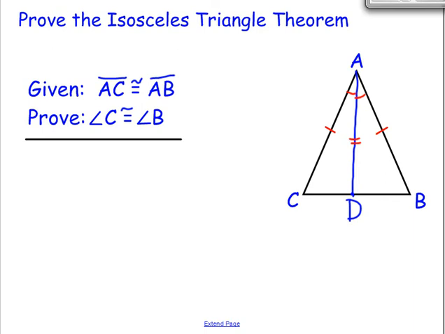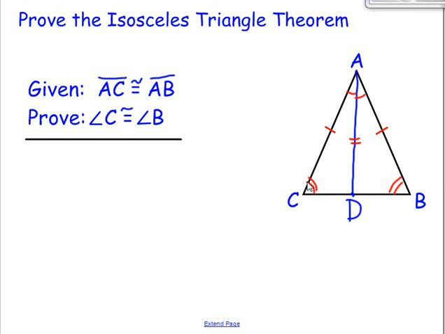So with two congruent sides and an included congruent angle, I know from the side angle side theorem that these two triangles are going to be congruent. And if they're congruent, then I know that angle C must be congruent to angle B because they're corresponding angles. Okay? Let's go through and do the formal proof on this.